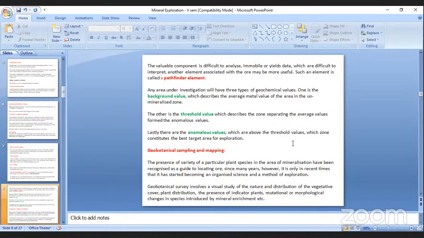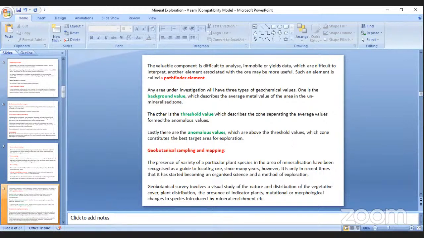Finally, as I told you previously for an indicator element, you can do the correlation studies. Here arsenic is associated with aurum. Aurum means gold. Along with this aurum, we also have a chance to see argentum, that means silver.